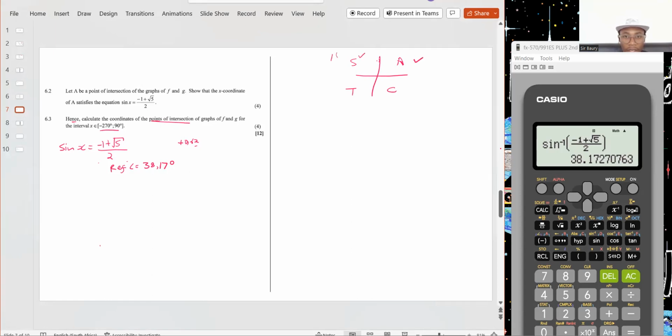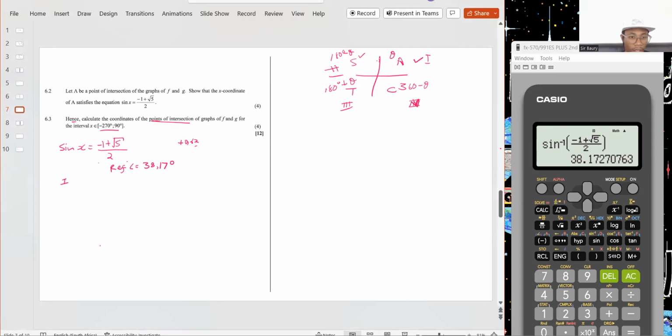So it's 180 minus theta here, this is just theta, this is 180 degrees plus theta, and then in the fourth quadrant, it's 360 minus theta. So you have 1, 2, 3, then the second one, then the first one.